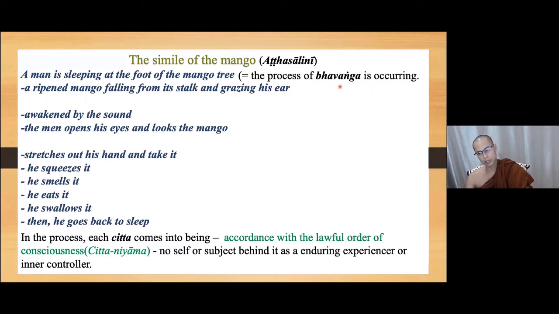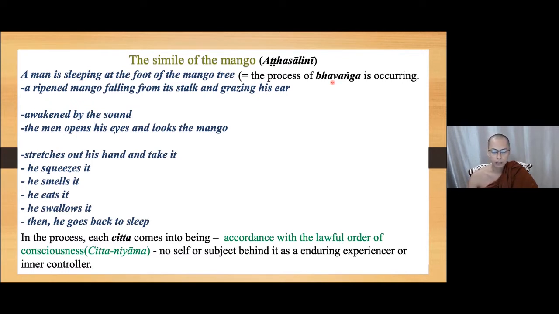That type of consciousness is called the Bhavanga process. It is running all the time except when a cognitive process arises. And so it is sleeping. Really, at the moment of sleeping also, the Bhavanga process is arising.